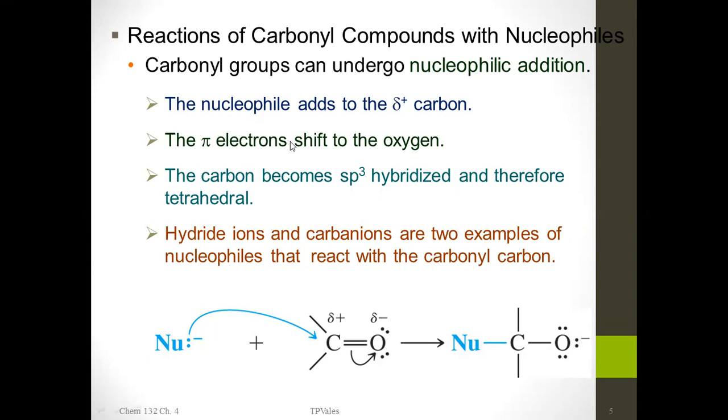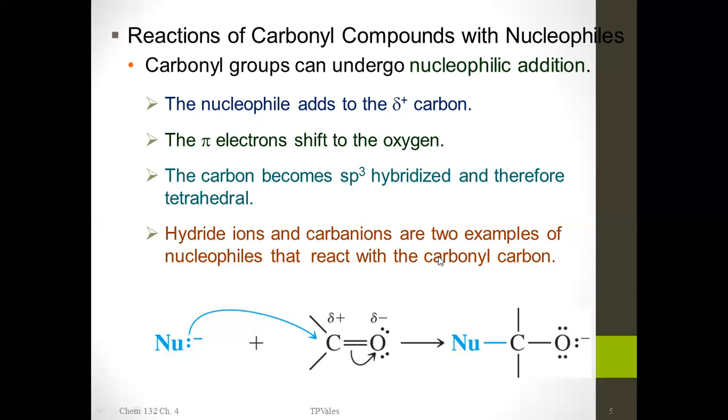So the pi electrons, as I have been saying, will be shifted to oxygen, okay? And the carbon becomes sp3 hybridized, therefore tetrahedral. So from a trigonal planar shape that utilizes sp2 hybrid orbitals, during this reaction it will be converted into a tetrahedral shape, utilizing the sp3 hybrid orbitals.